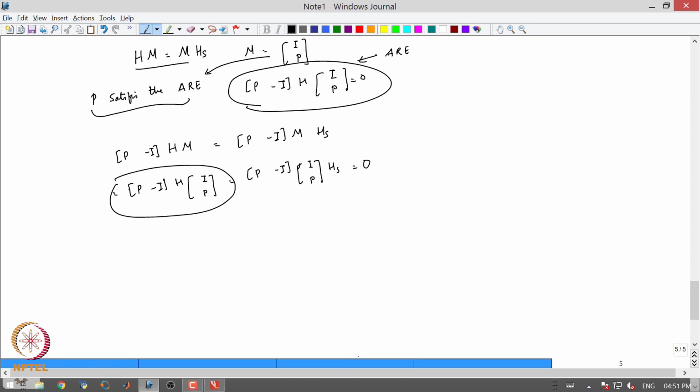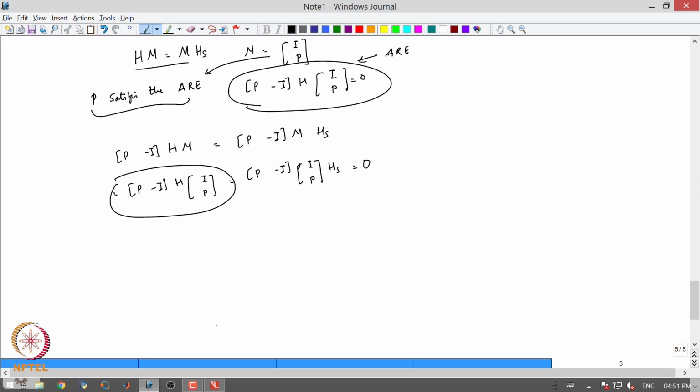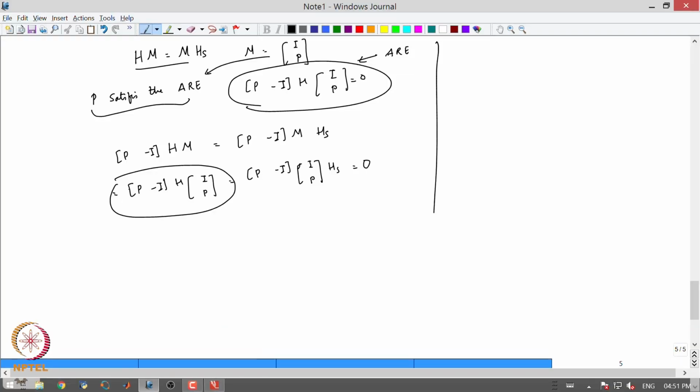Okay. Now what was statement number 2? Statement number 2 was to show that this Hs is precisely the closed loop matrix. So how does H look like? Let me just write down how H looks like again.